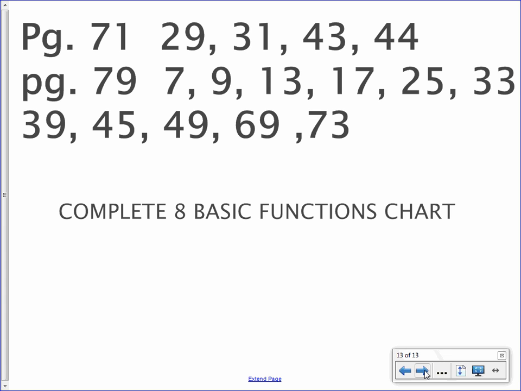On this chart, you're going to give me the graph, the equation, the domain and range, the intercepts, both x and y, and then tell me if it's even, odd, or neither. Just look at the graph and tell me. You don't have to prove those.